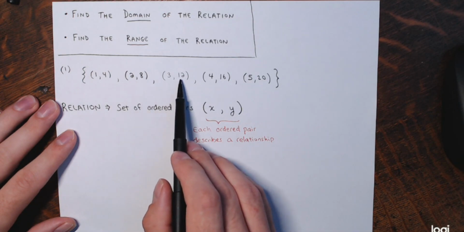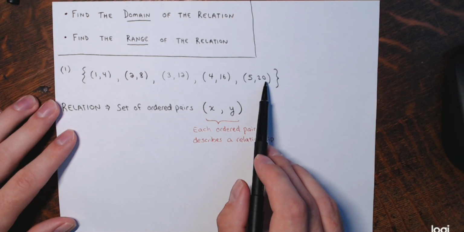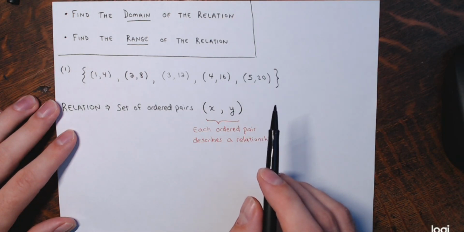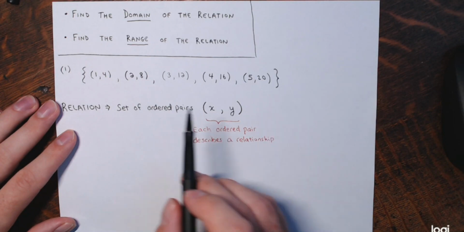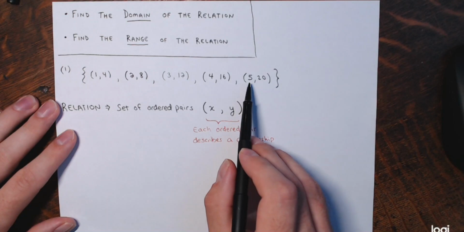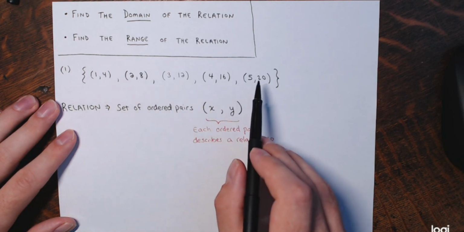Then 3 and 12, 4 and 16, 5 and 20. All the x coordinates or first coordinates are 1, 2, 3, 4, and 5. All of the y coordinates or second coordinates are 4, 8, 12, 16, and 20.